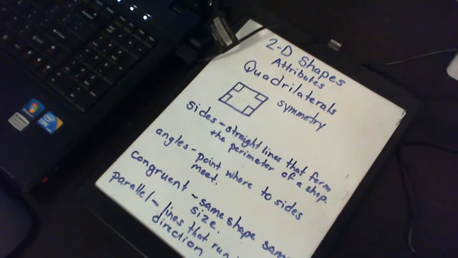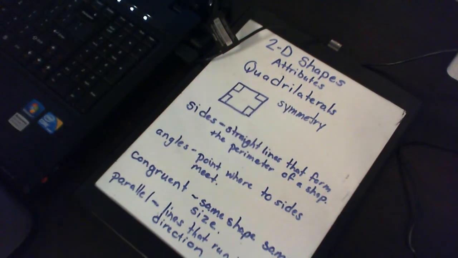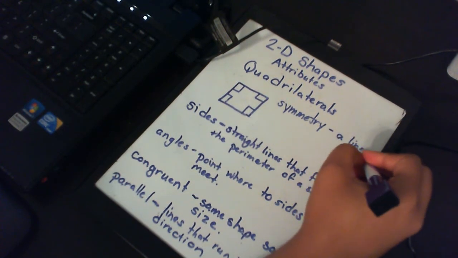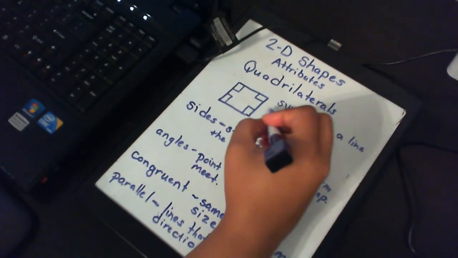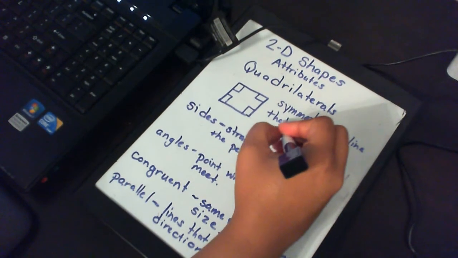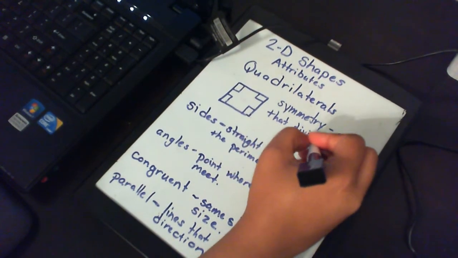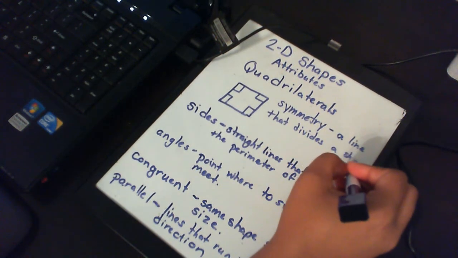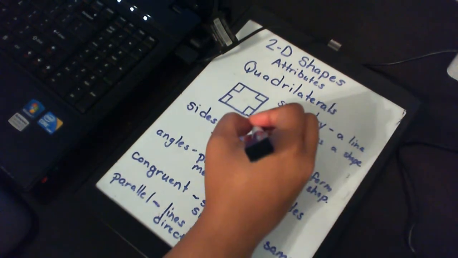It's symmetry. It's just ability to divide things in half equally so that what's on the left is the same on the right. So a line that divides a shape equally.